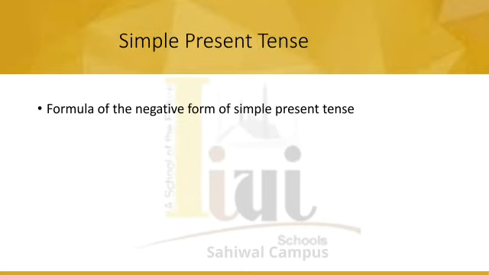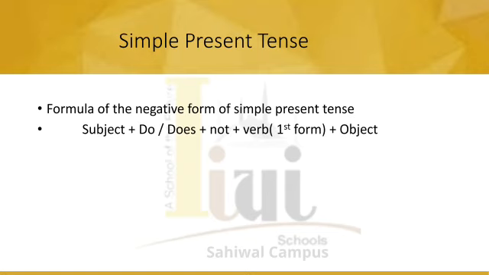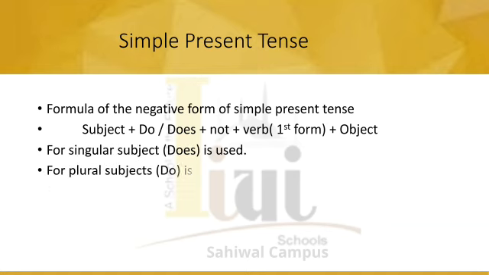Formula of the negative form of the simple present tense. How we can formulate the negative form of simple present tense, we can understand by this formulation. First we write subject, then do or does, plus not, then first form of verb, then object. For singular subjects, does is used, and for plural subjects, do is used. For example, I do not draw picture.